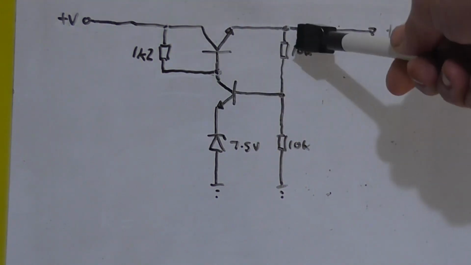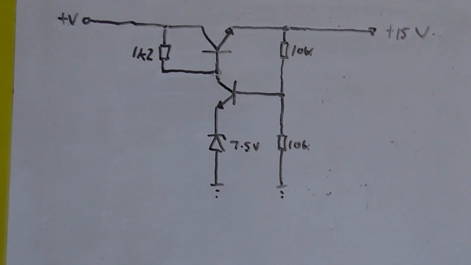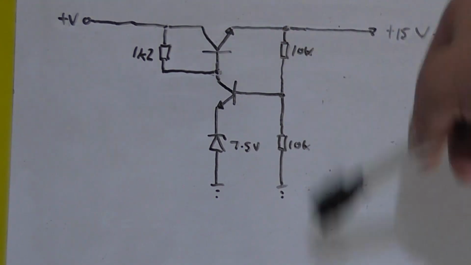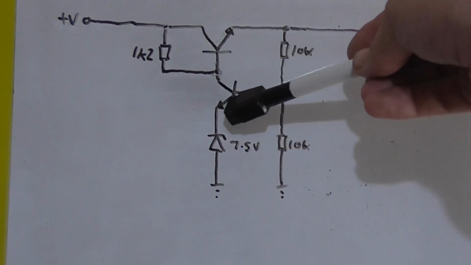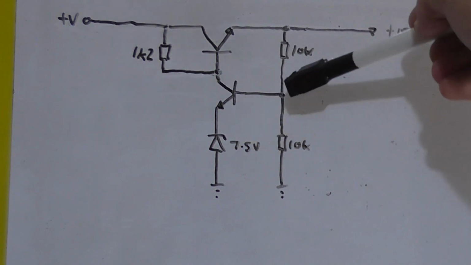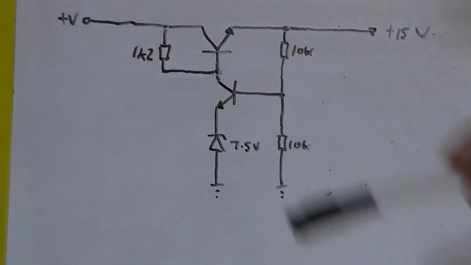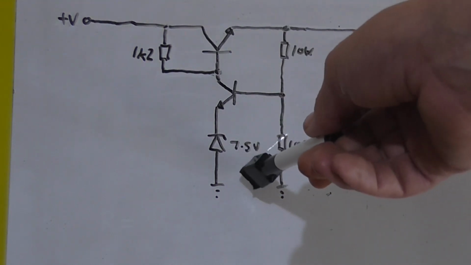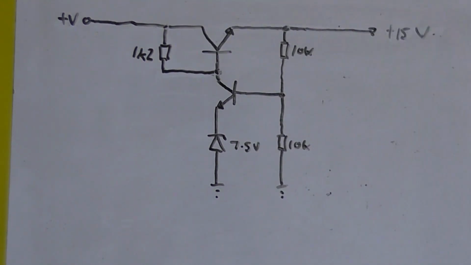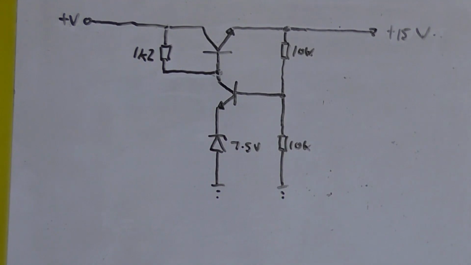Now, with this transistor, if both these resistors in the resistive divider on the output, which is sampling our output voltage, are the same, then this transistor is going to amplify the difference between here and here by a factor of 2. So in the end, if you use a 7.5 volt Zener, the resulting output should be probably slightly higher than 15 volt.